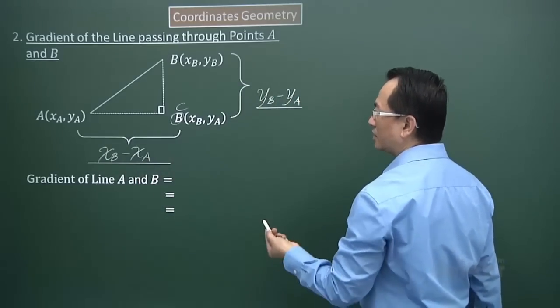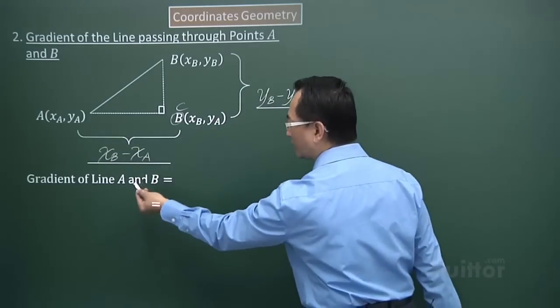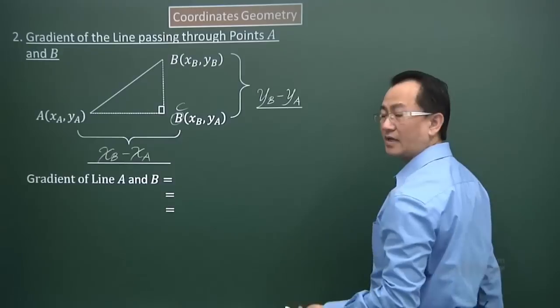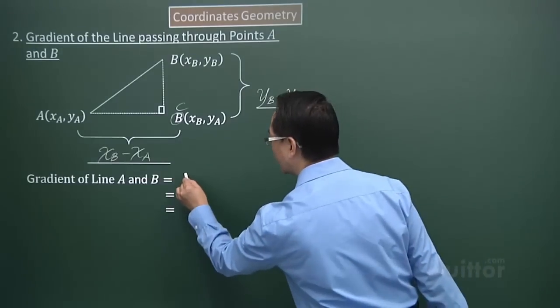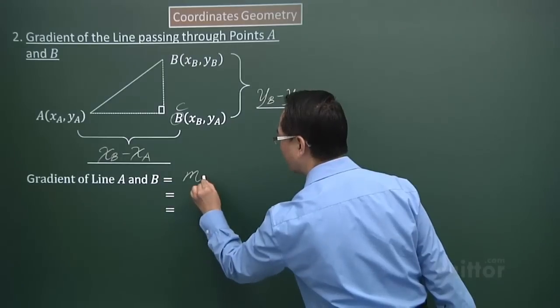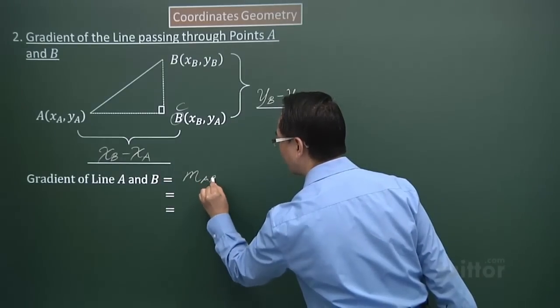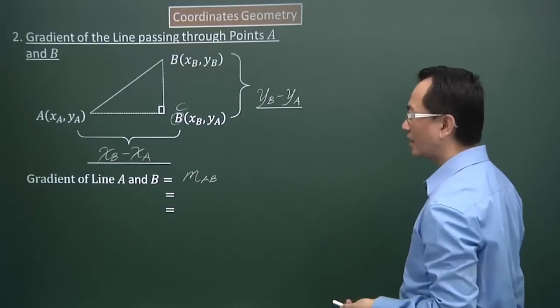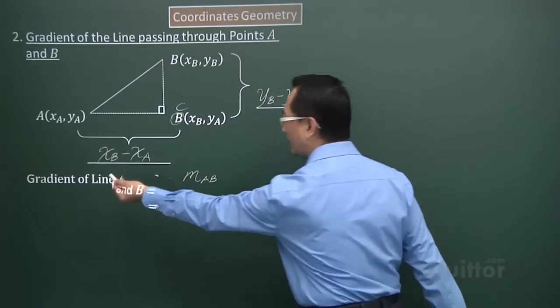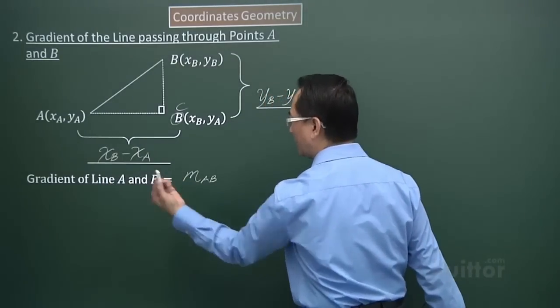So for the gradient of the line AB, I can take it to be small m subscript AB. So that means gradient of line AB.